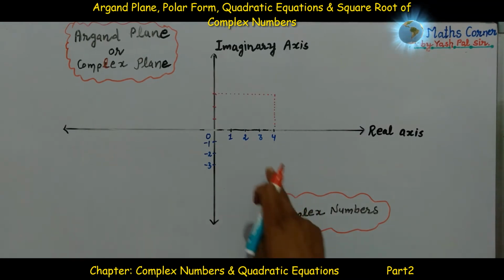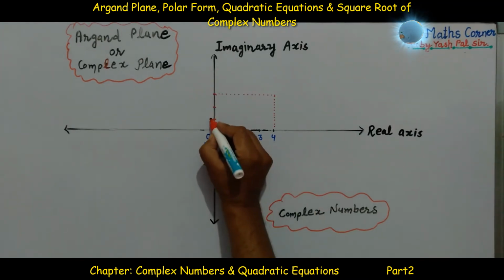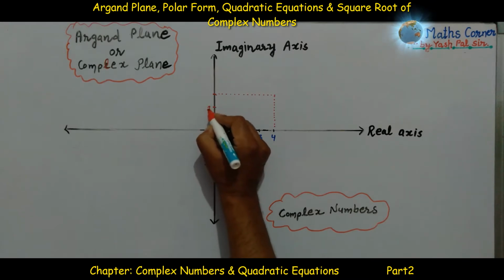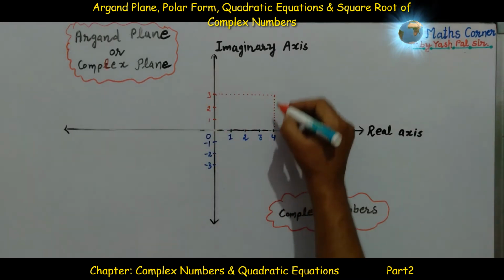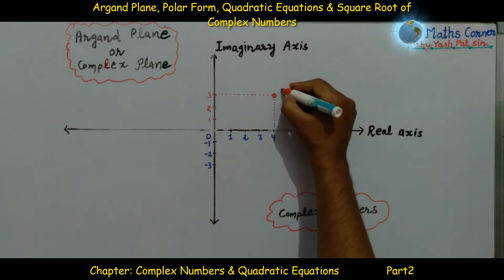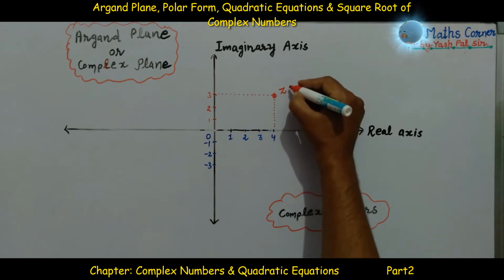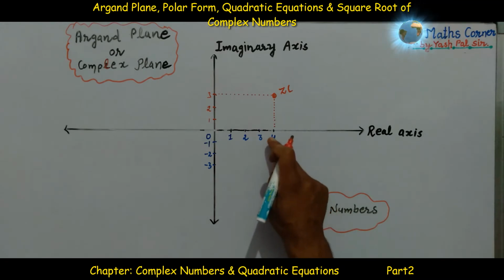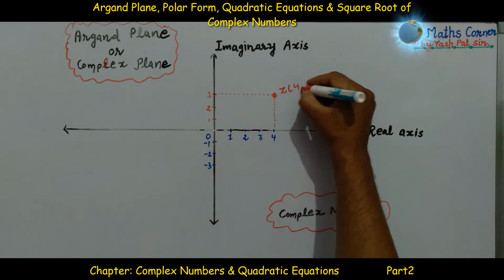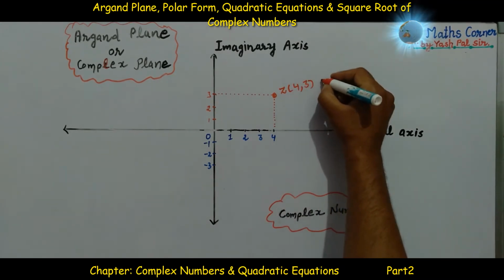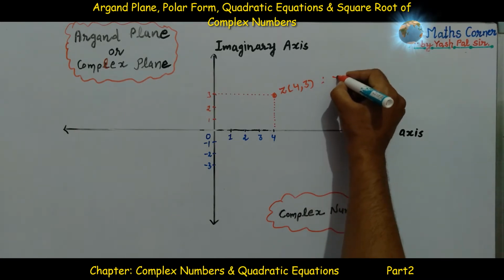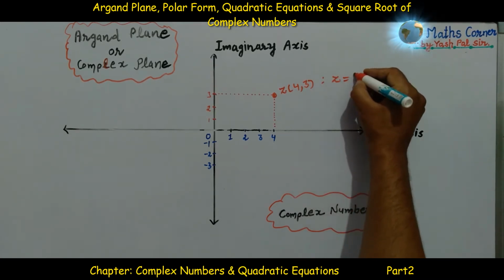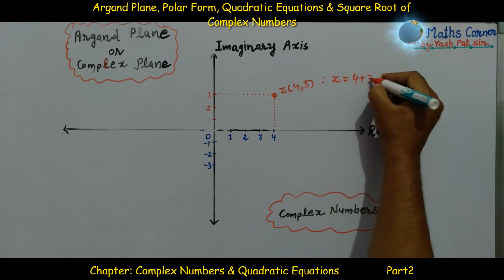Similarly, if we take this point, where y is plus 1, 2 and 3, suppose this point is z, its x coordinate is 4 and its y coordinate is 3. Then we say z is equal to 4 plus 3 iota.